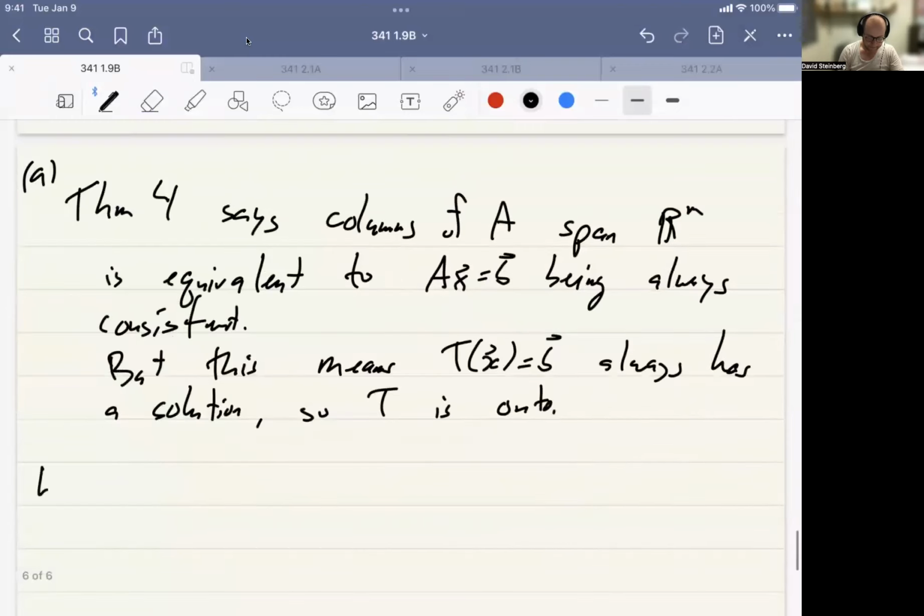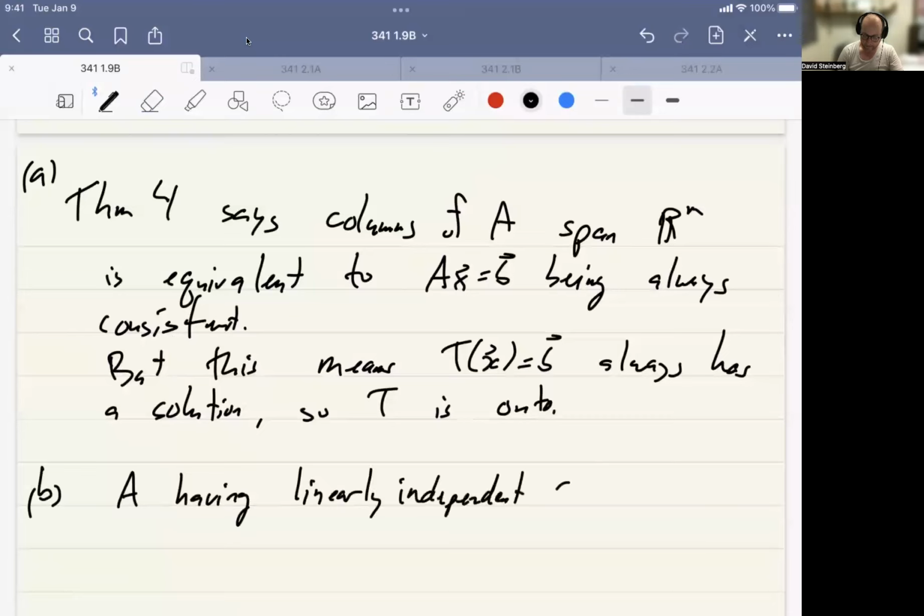And for part B, A having linearly independent columns means AX equals 0 has only the trivial solution.